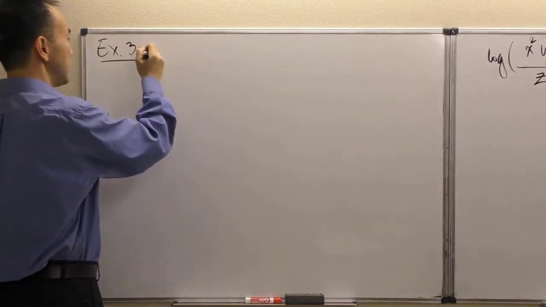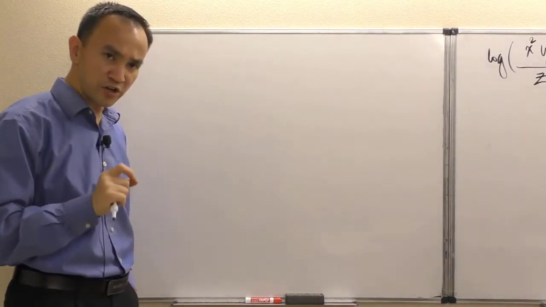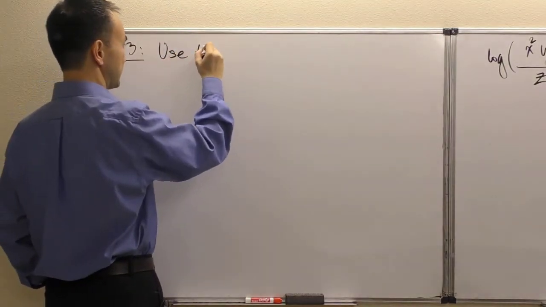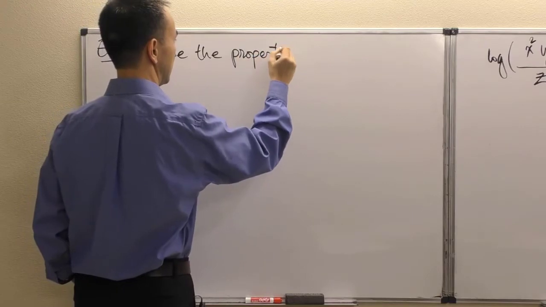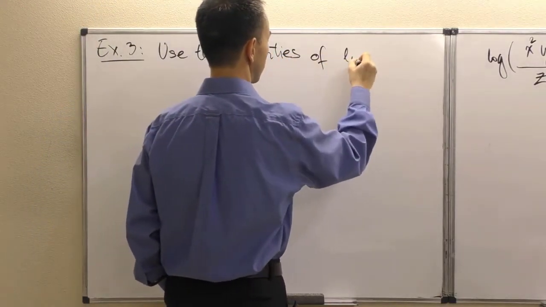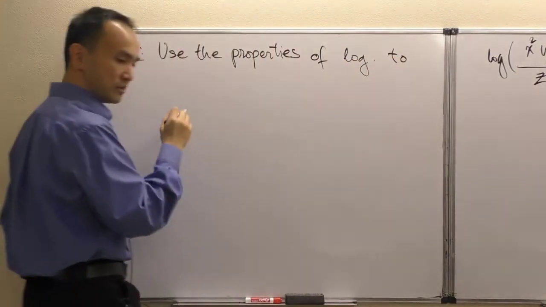Let me spend some time writing down the worded instruction of example 3. Let's use the properties again. We want to use the properties of logarithm, of course. So we use the properties of log to expand.